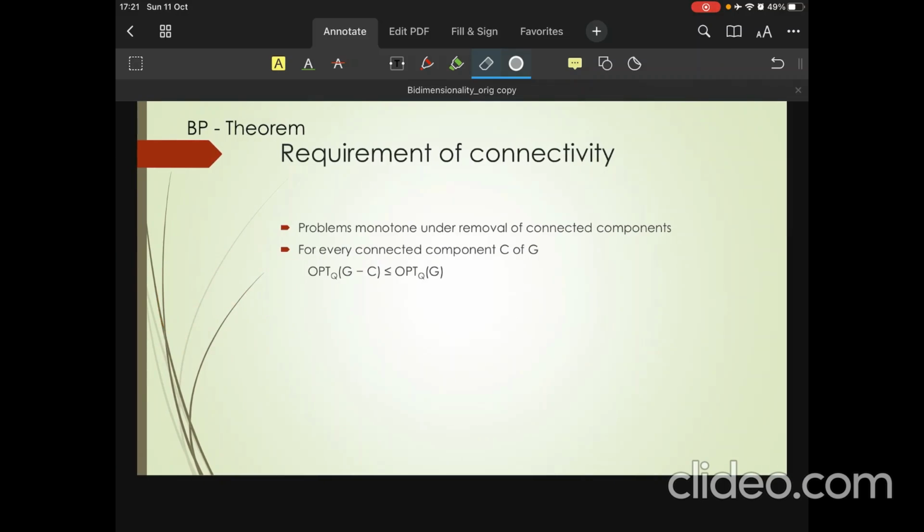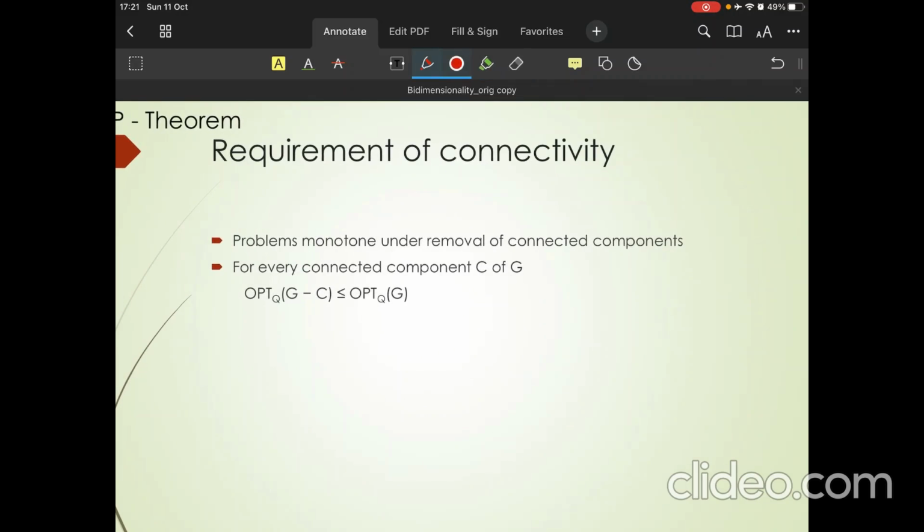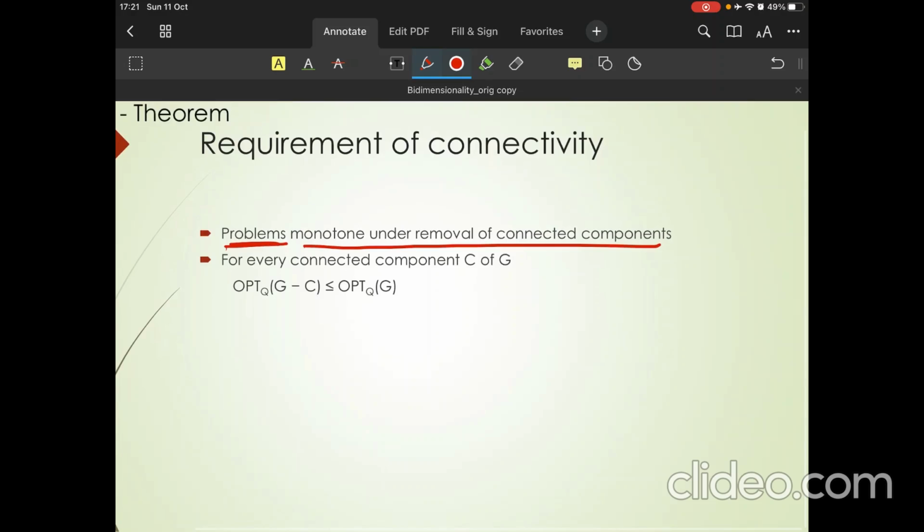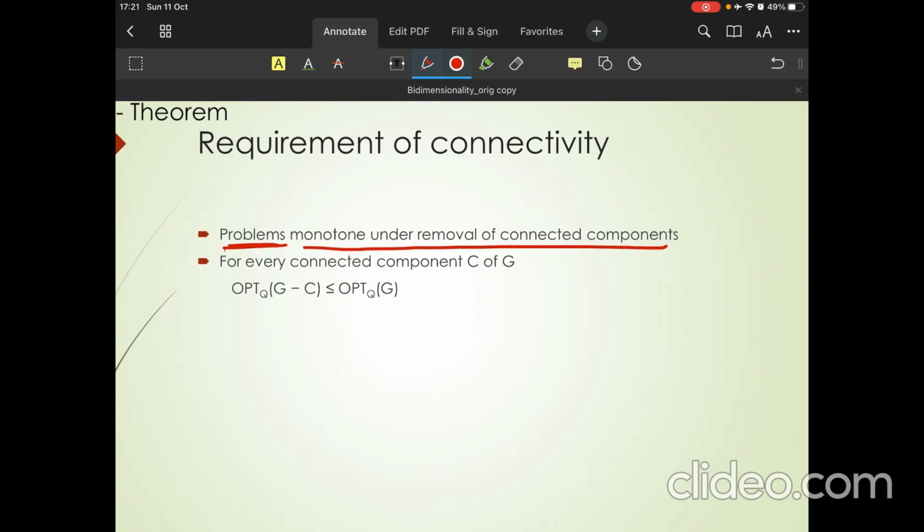But we can relax this connectivity requirement in one case, for problems which are monotone under removal of connected components. So what do we mean by monotone? Monotone is similar to minor closed and contraction closed: if you remove a component from the graph, its optimal solution still remains the same.